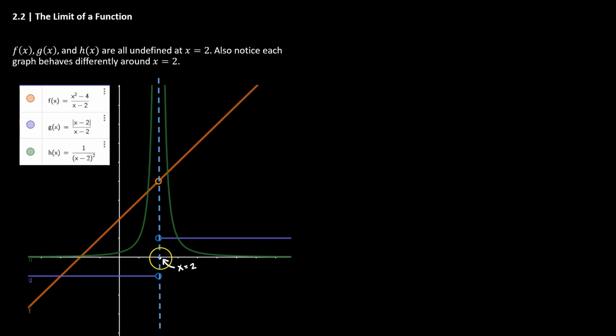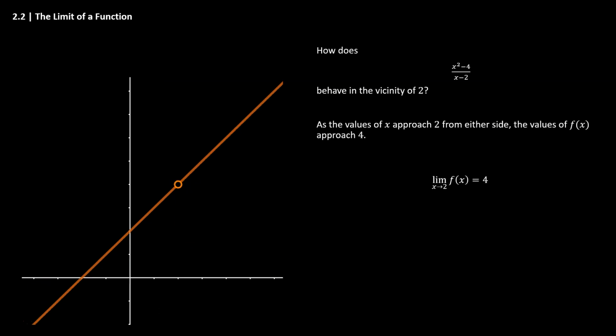Looking at the bluish purple function, g, we can see that the function jumps its position on either side of the undefined point. And then looking at the green function, we can see that on the left, the function is shooting up towards infinity. On the right, the function is also shooting up towards infinity. So we've got different behaviors here. We're going to investigate each one of these cases separately in this section.